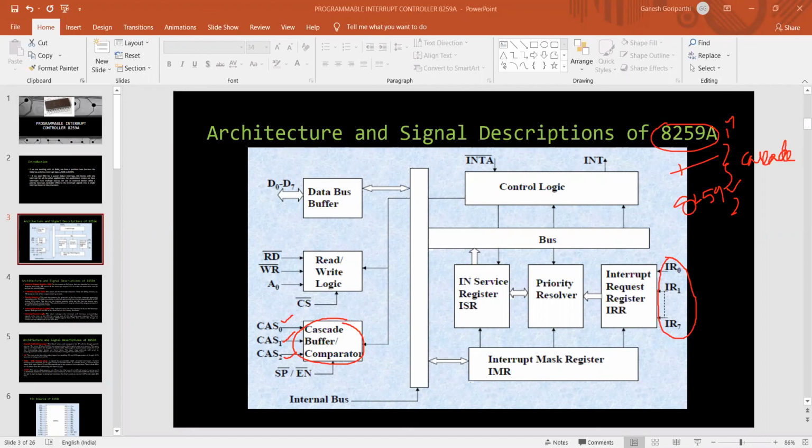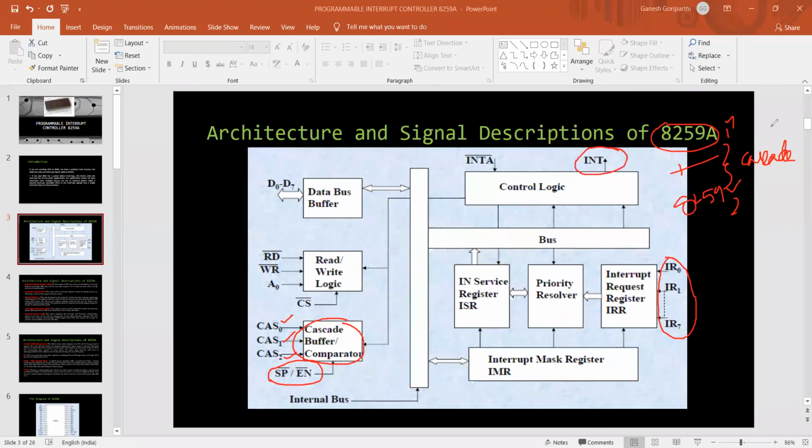And this signal SP bar EN bar, what is the importance of this signal? This decides the master. We have three 8259s. Out of the three 8259s, only one should be communicating with 8086. All three cannot communicate with 8086 because 8086 only has a single interrupt input.